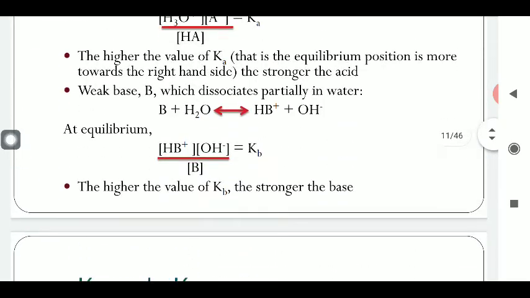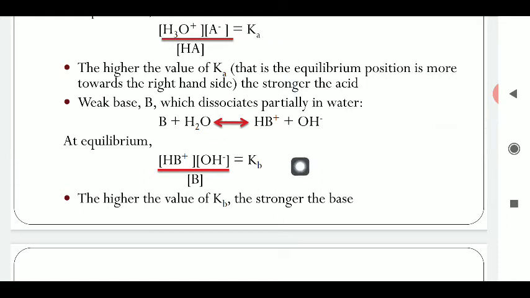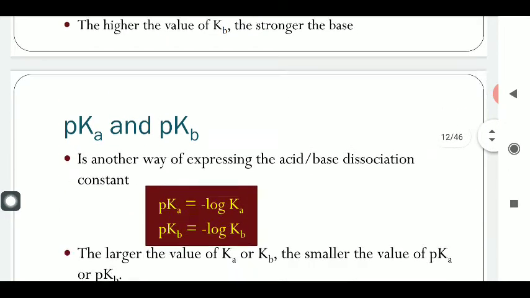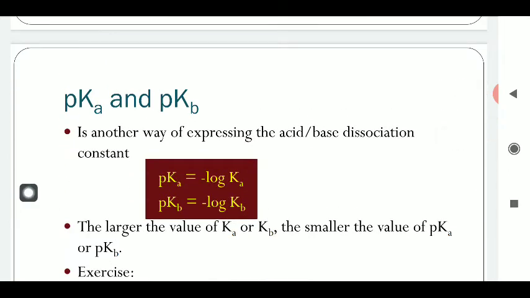On the other hand, whenever Ka and Kb are expressed in terms of the log, the basic formula becomes pKa is equal to minus logarithm of Ka, and pKb is equal to minus logarithm of Kb. So the smaller the value of pKa, the stronger the acid, and the smaller the value of pKb, the stronger the base.